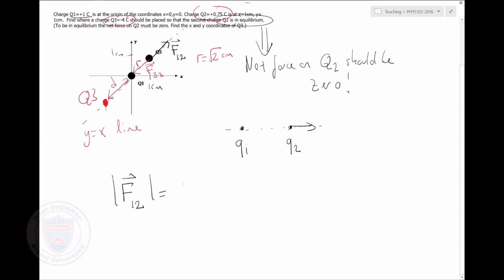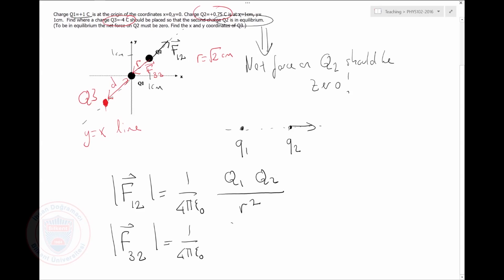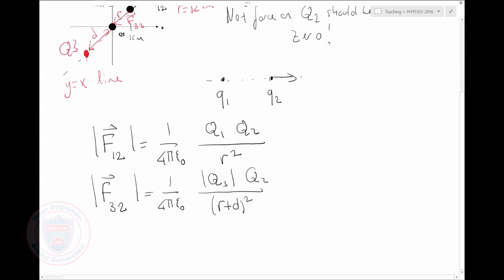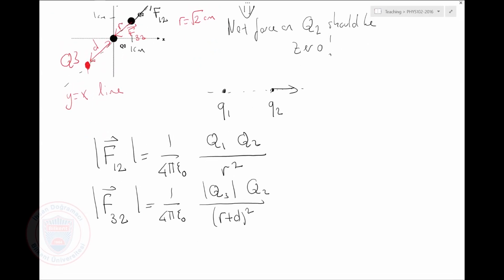The magnitude of F12 is 1 over 4 pi epsilon 0 Q1 Q2 divided by R squared. How about the magnitude of F32? 1 over 4 pi epsilon 0 Q3 magnitude Q2 divided by R plus D squared, right? And I know that these two must cancel exactly.